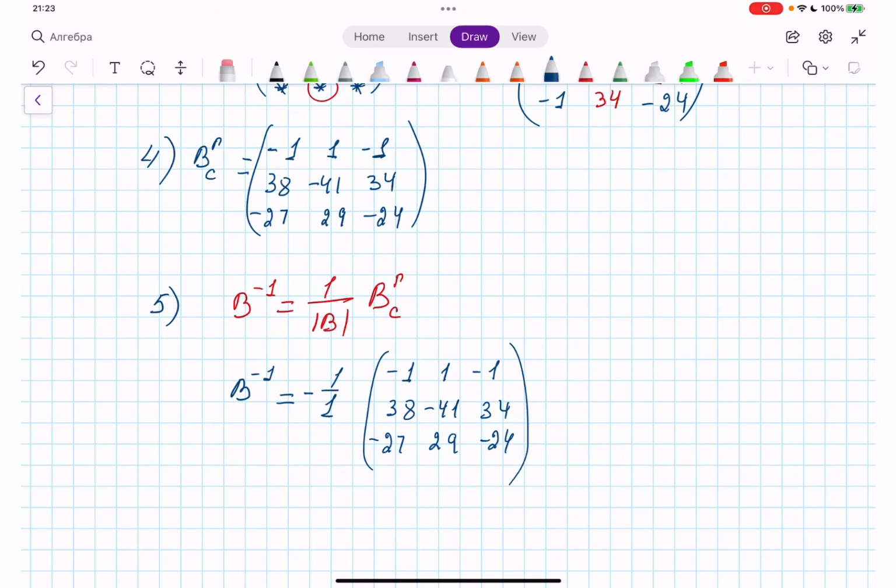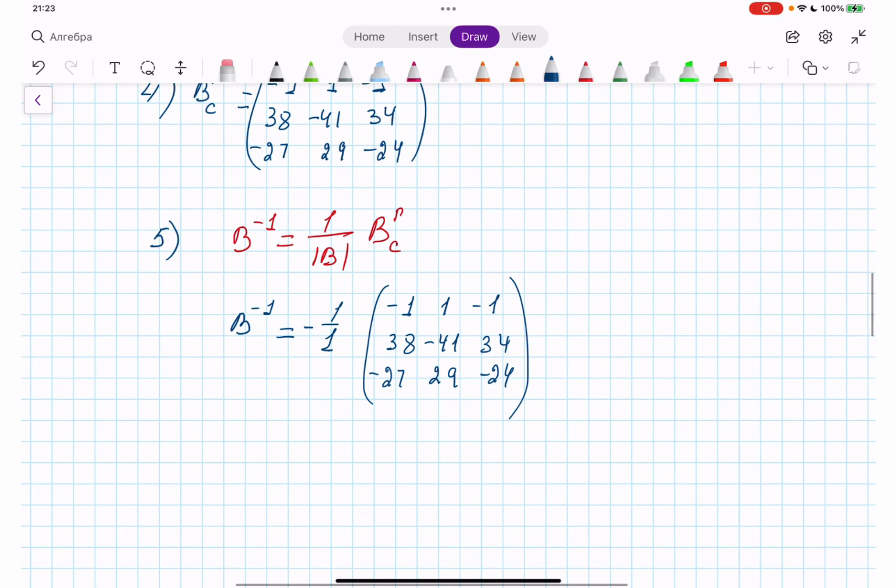Okay, since it's only negative 1, I can multiply, which means I'm going to flip the sign on every single element. 1, negative 1, positive 1, negative 38, positive 41, negative 34. Let me move a little bit. And getting positive 27, negative 29, and positive 24.